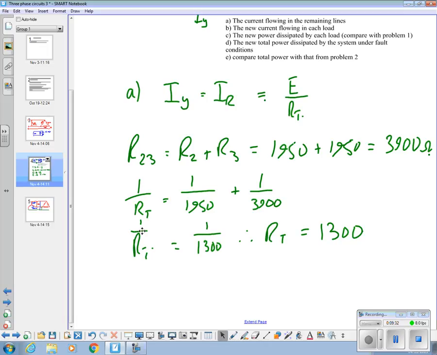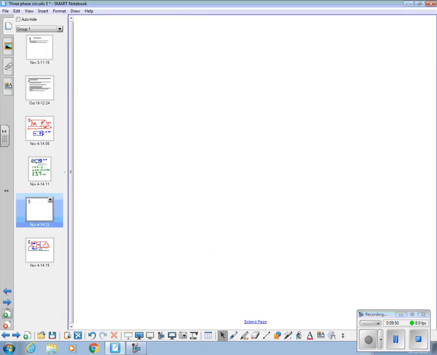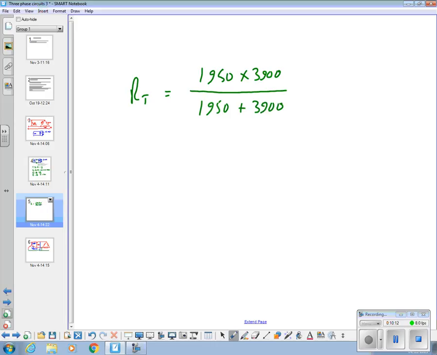Okay. Now, I'm going to put it on another page, right? Because I think maybe a more... Have they all heard of the product over sum method for 2 resistors? Yeah. So an alternative way of doing that is RT is equal to product over sum, so that's 1950 times 3900 over 1950 plus 3900.